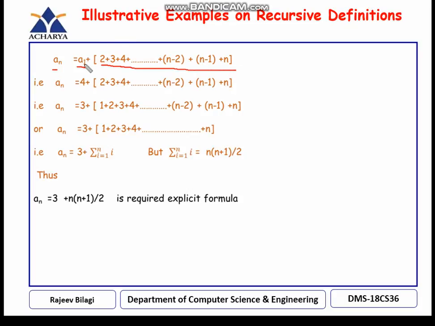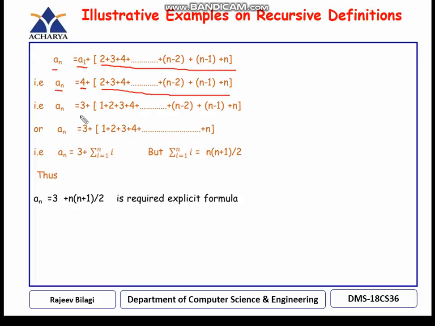Now a1 is equal to 4, which is given in the problem, so a1 is 4 plus 2 plus 3 plus 4, and the rest I will write as it is.